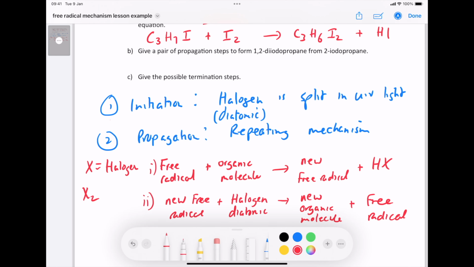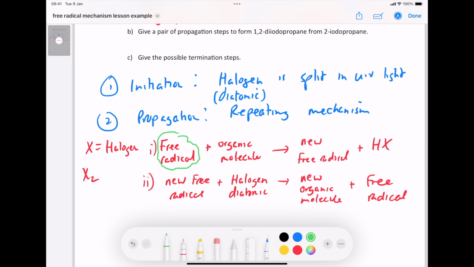What we see is that in the first step, I'll circle the free radical, it is used up, if you like, and then it's given back to us in the second step. So actually the radical can be thought of as a catalyst. A catalyst is a species that participates in a reaction but is not used up.